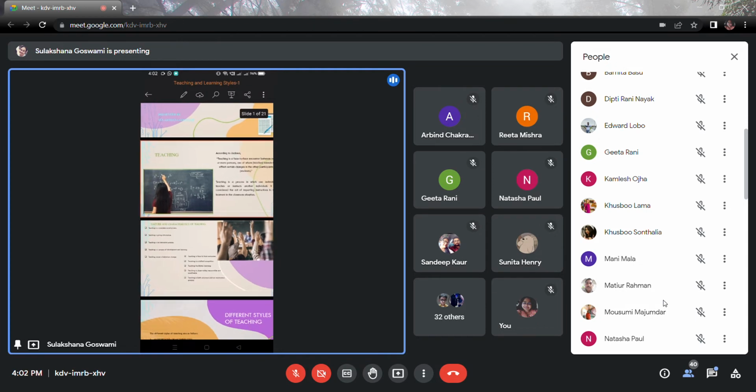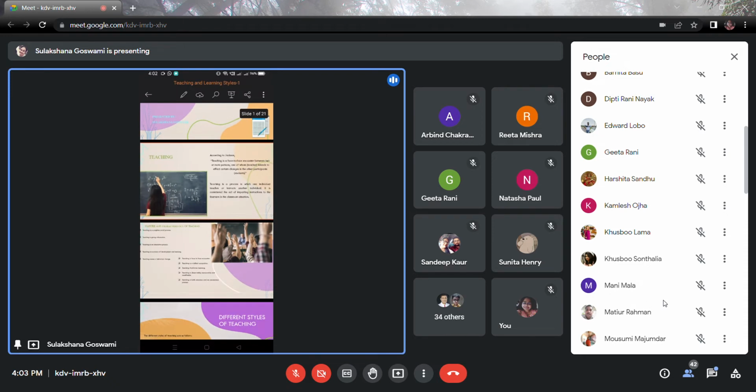So, teaching and learning are very closely related. Teaching is a process in which one individual teaches or instructs another individual. Teaching is considered as the act of imparting education to the learners in the classroom situation.